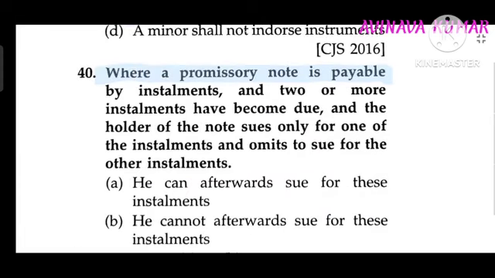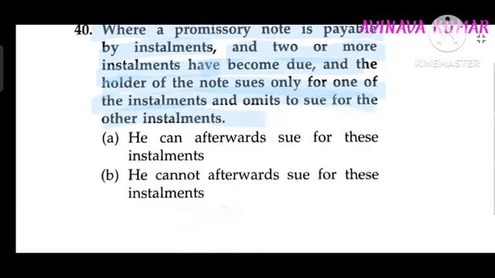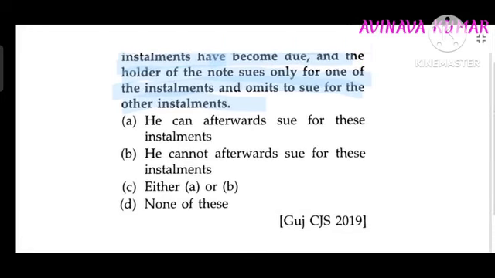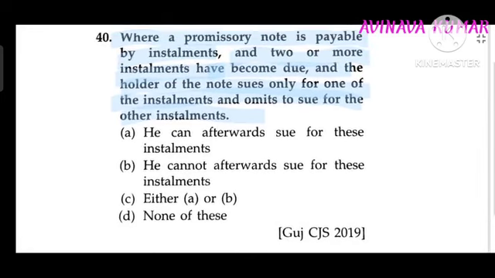Where a promissory note is payable by installments and two or more installments have become due, and the holder of the note sues only for one of the installments and omits to sue for the other installment, he cannot afterwards sue for this installment.